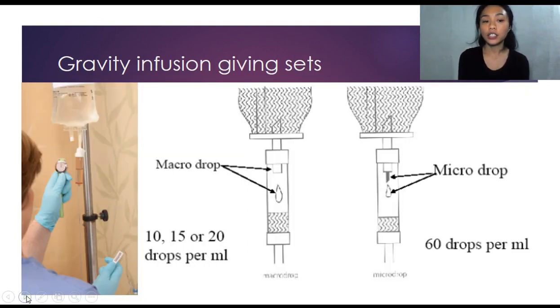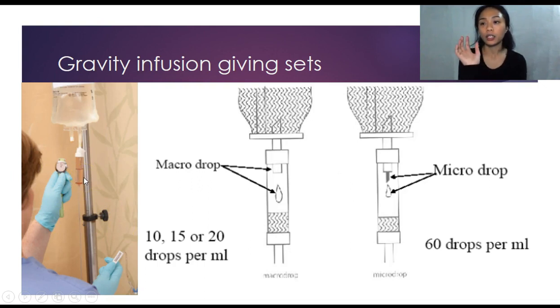This is just to remind you that we have gravity infusion sets. So this slide was from a bit earlier, and once everything is set up, we've already connected it to the patient, and everything's primed, filled with fluid. That's when we set the rate.